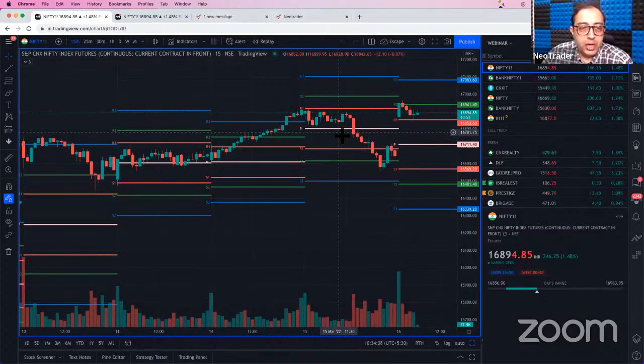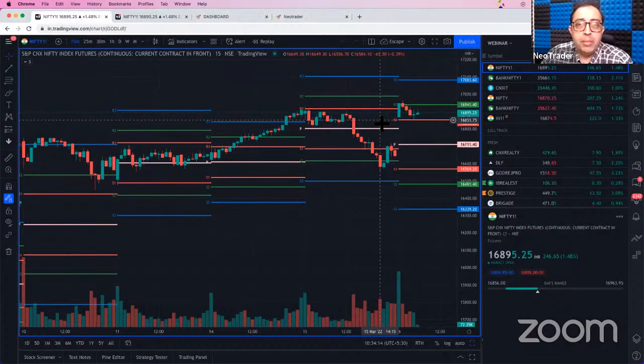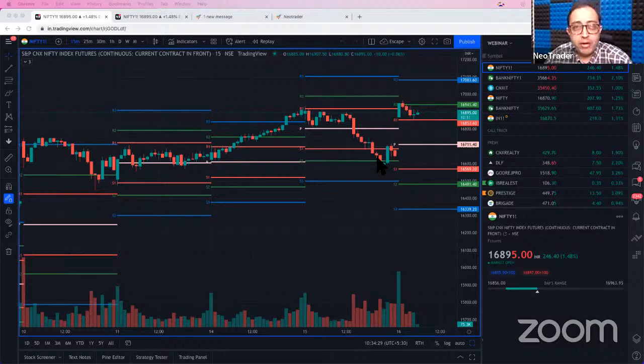So now, with the market being on the positive side, let's see how we can use this current situation and the concept of pivot points and find out some opportunities.